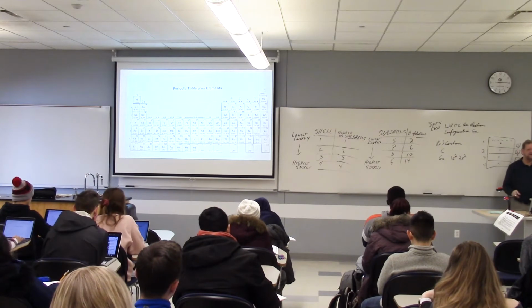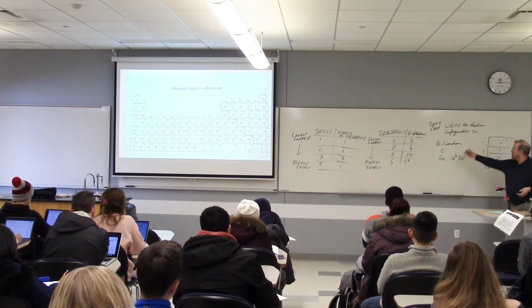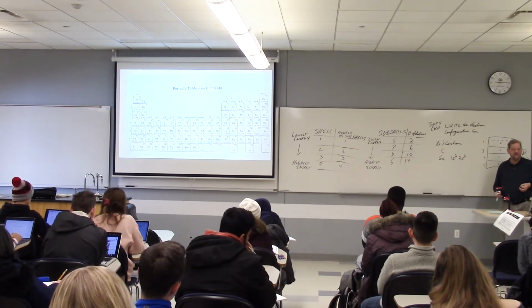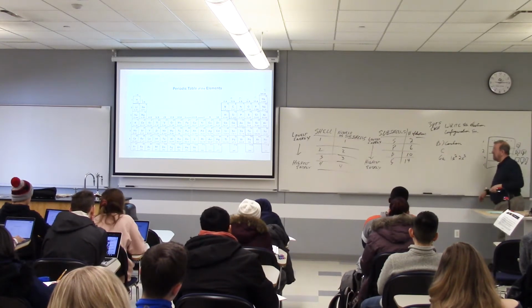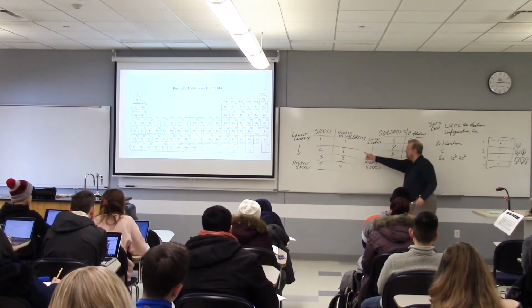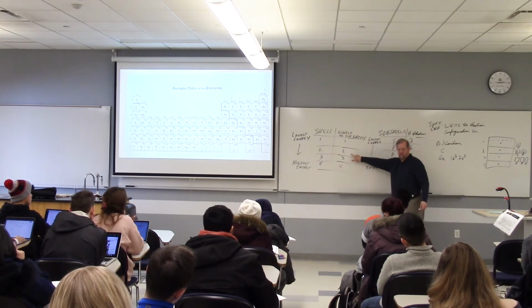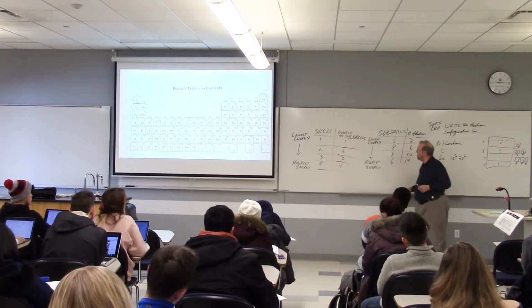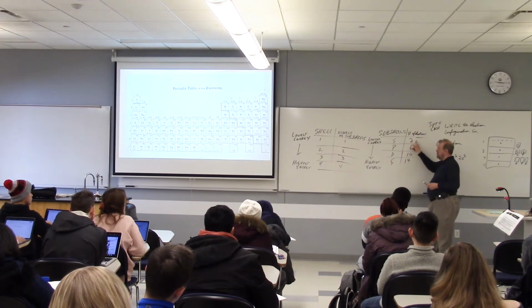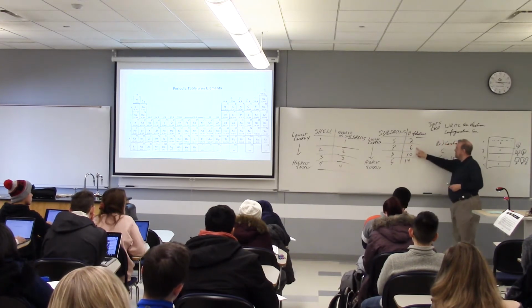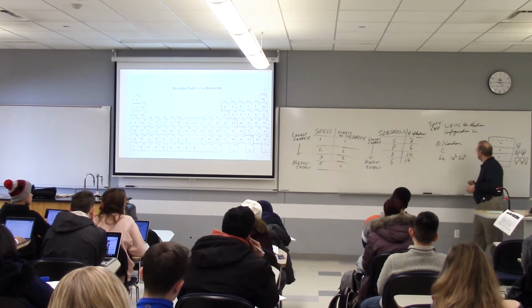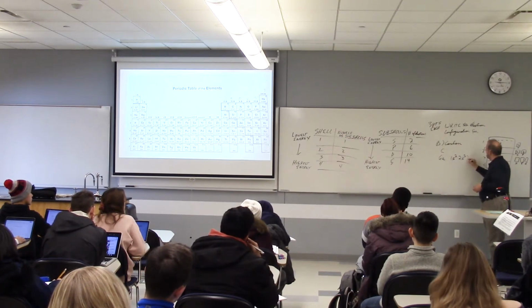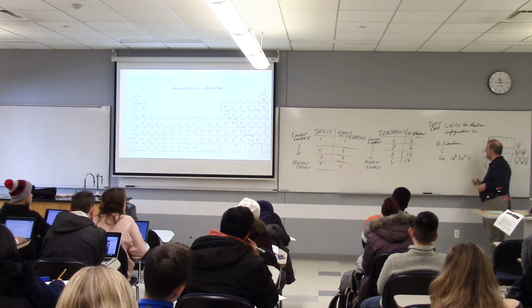Am I done? No, I have 6, and I've only done 4, so I have 2 more to go. How many subshells does shell 2 have? 2. So now I filled the first one, S. The second one, because you always go from lowest, is P, and you use the number 2 and the letter P: 2p.